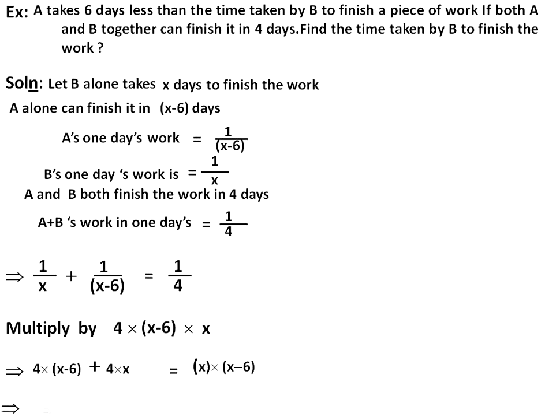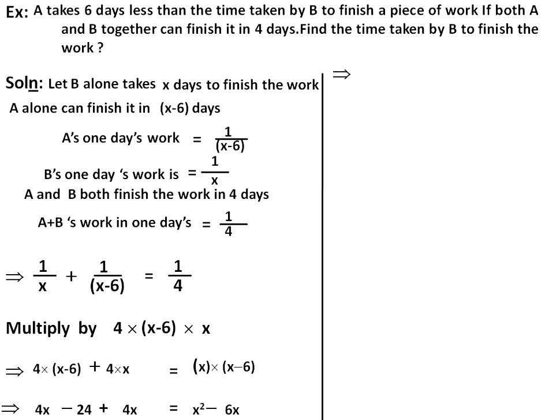It implies 4x minus 4 into 6, that is 24, plus 4x is equal to x into x, x square minus 6x. So 4x plus 4x is 8x minus 24.